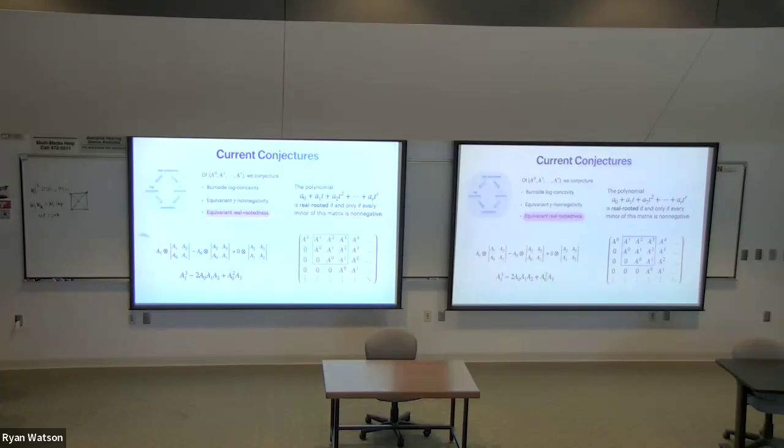And so we have evidence towards equivariant real rootedness by showing that minors that look like this with A1s on the diagonal are equivariantly non-negative using causality.